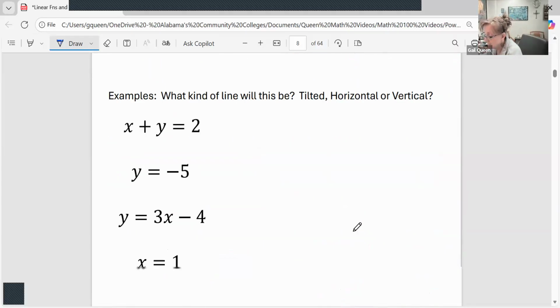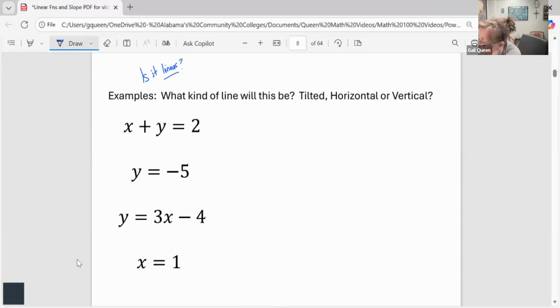So we're going to practice, all right? Make sure you catch on to this. It's going to save you some time when you're doing your work if you can do this. So when they hand you an equation, what I want you to do is ask yourself two questions. First, is it linear? In other words, are all of the variables to the first power?